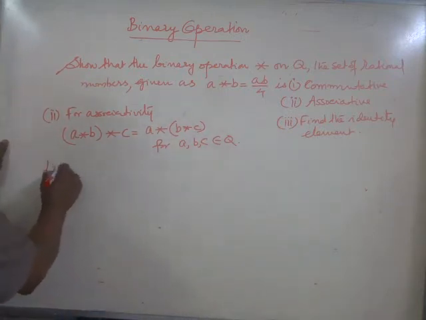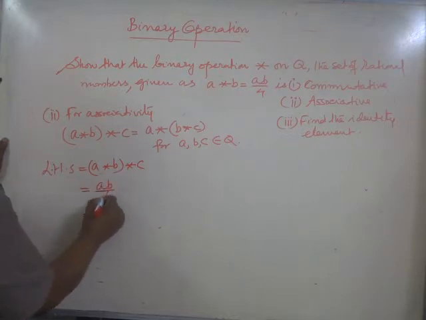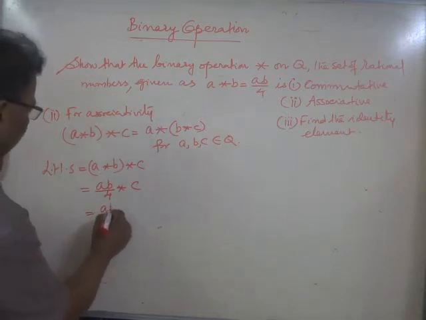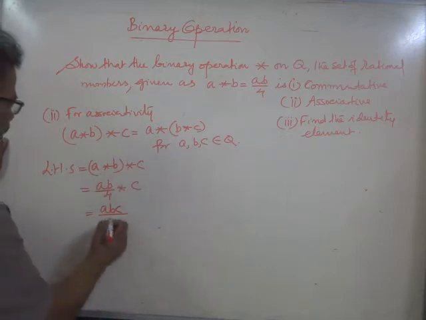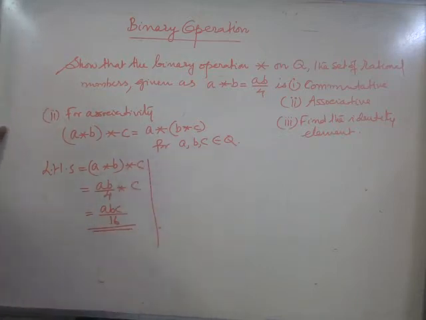Now LHS, this left hand side is equal to (A star B) star C, which is equal to AB by 4 star C, that is equal to ABC by 4 divided by 4, that is ABC by 16.